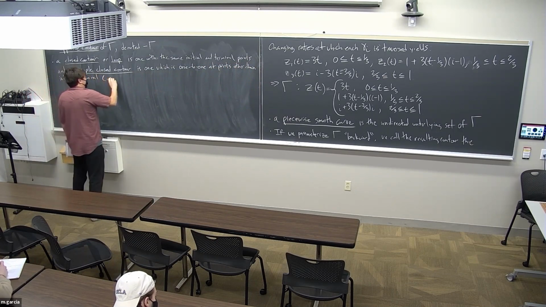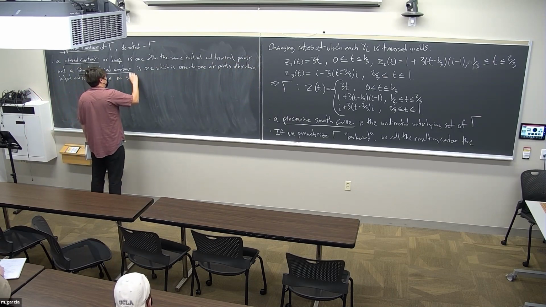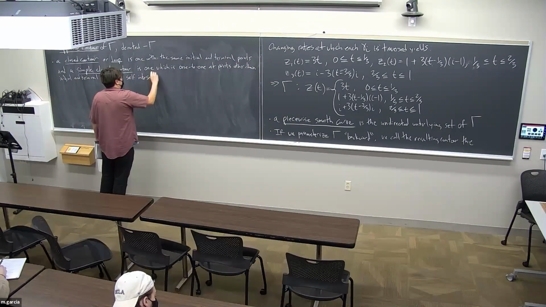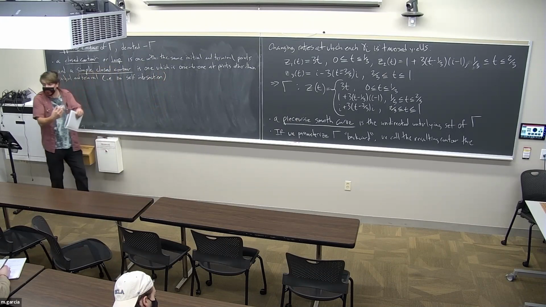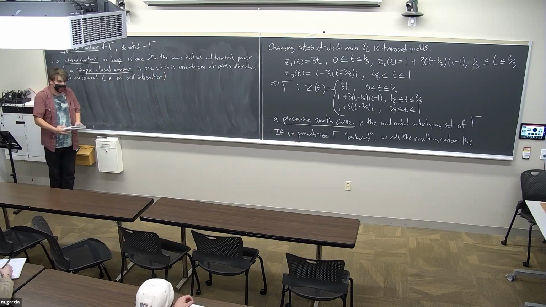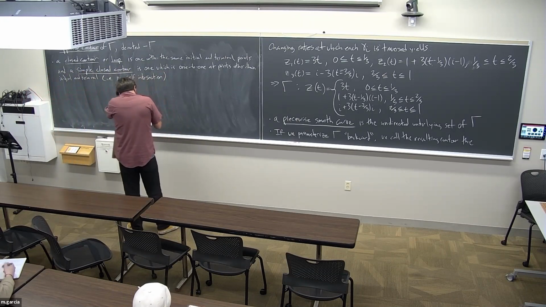What am I saying here? I.e., no self-intersection, other than where the contour meets itself again at that one point to close up. Okay?